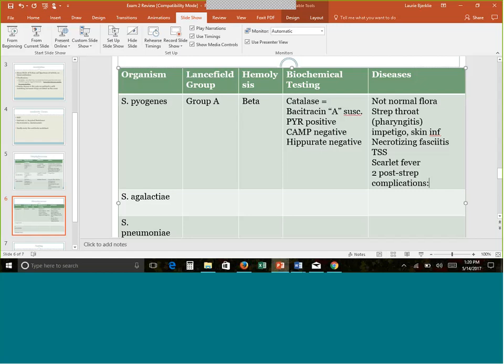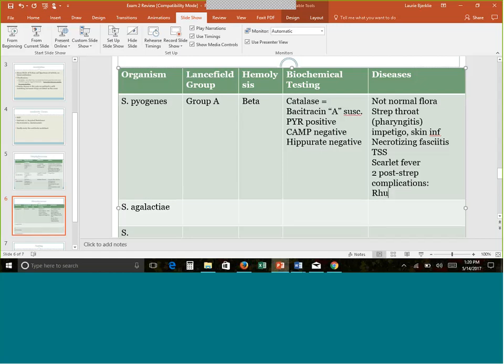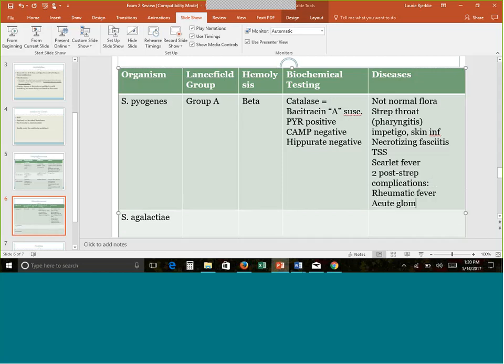That's why we call them post-strep complications. After you've recovered from a strep infection of some sort, you might end up getting one of these two: rheumatic fever, which involves the heart, or acute glomerulonephritis, which involves the kidneys. It's all due to those antibody complexes made as part of fighting the strep infection and thus causing damage to the heart or kidneys. So those are the two post-strep complications.